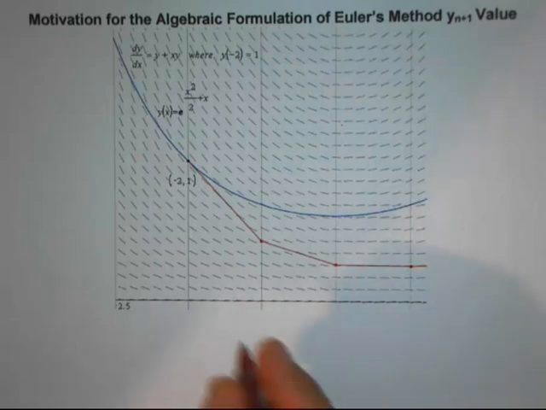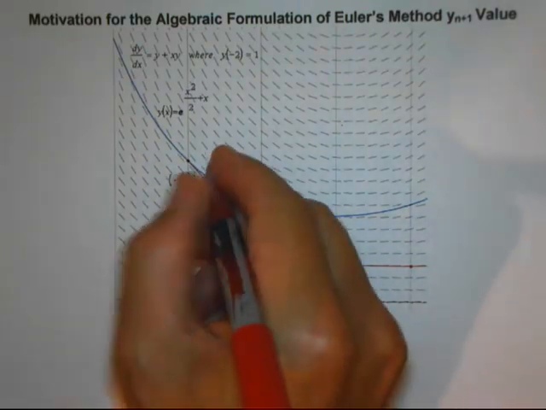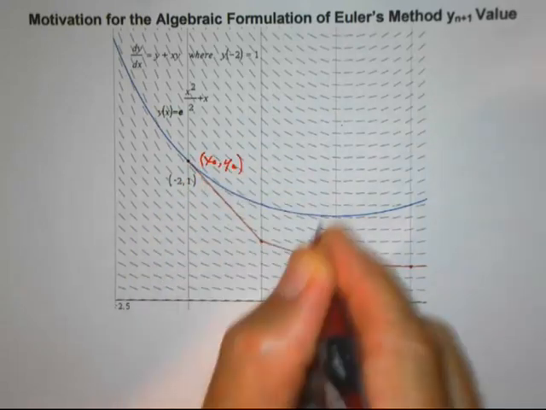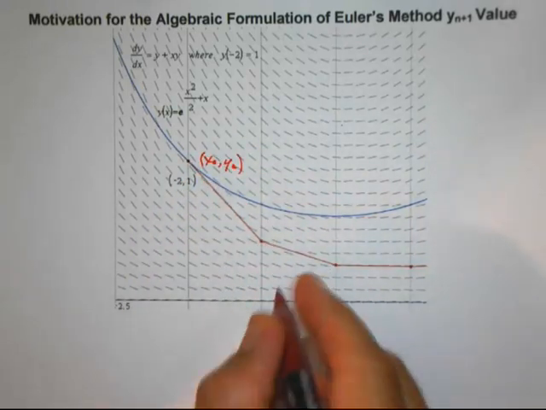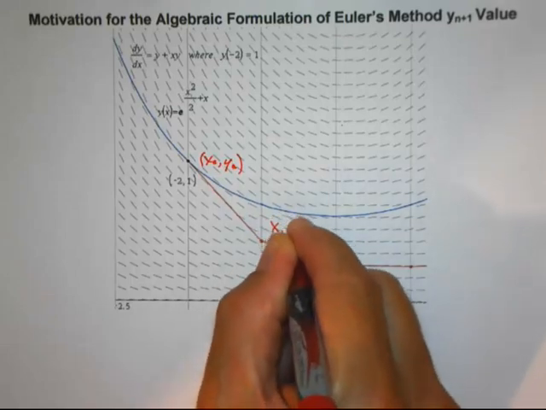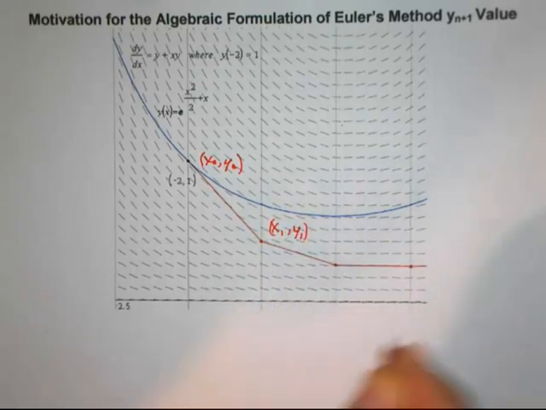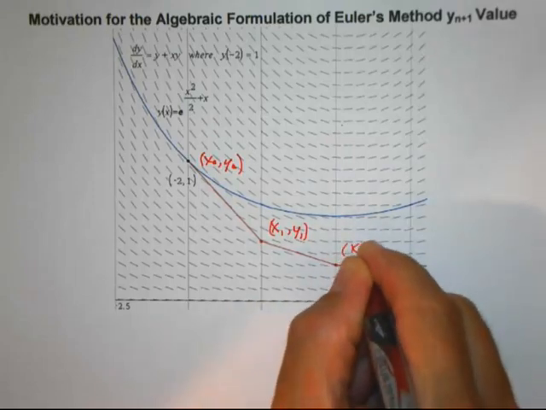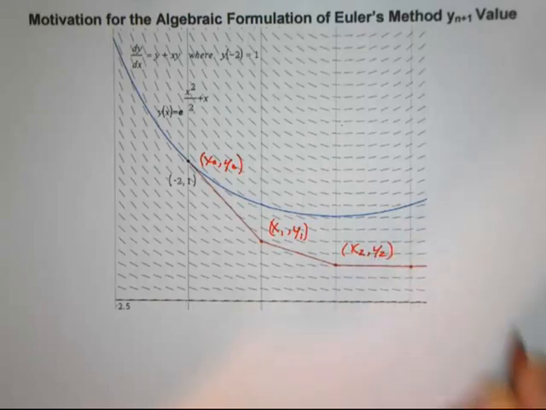We could label this first point as x sub 0, y sub 0. Here was the first point at the end of a segment. We can call that x sub 1, y sub 1. Here was a third point, I suppose. We call that x sub 2, y sub 2.